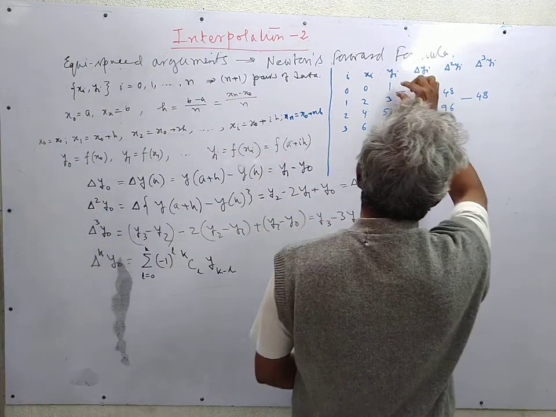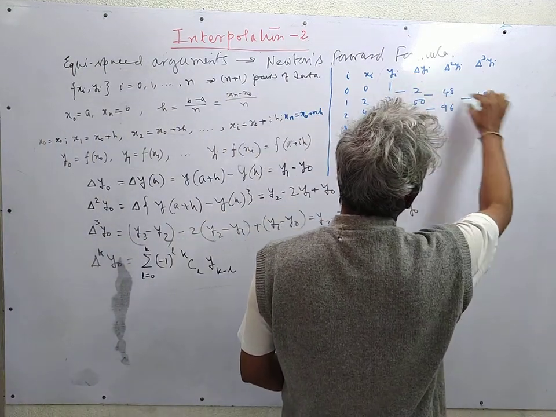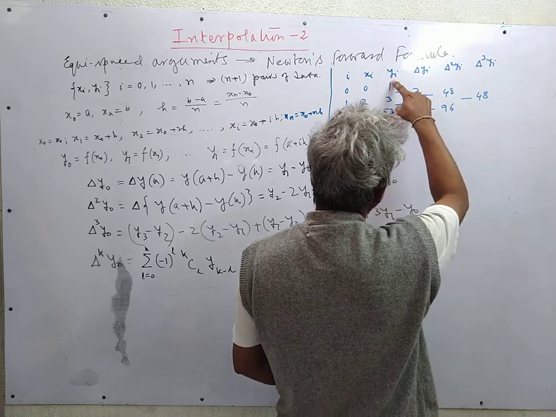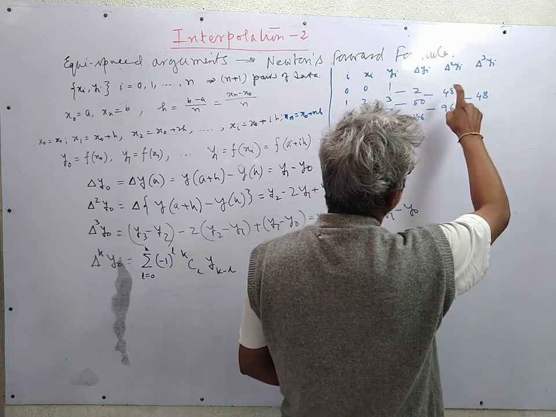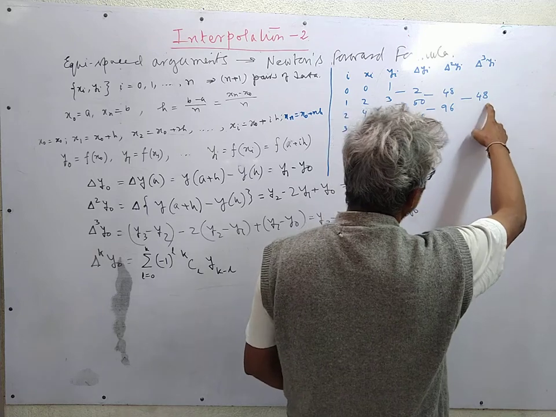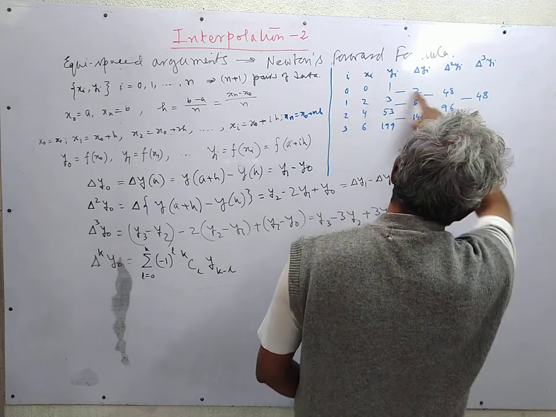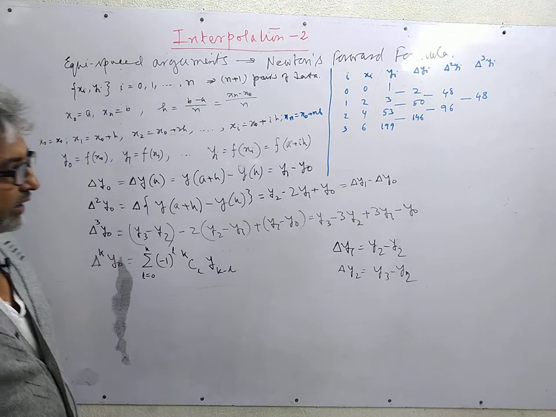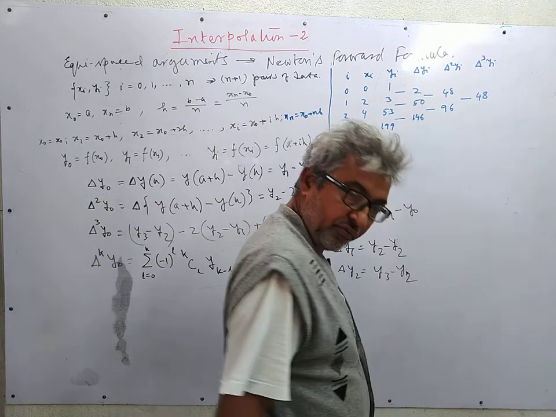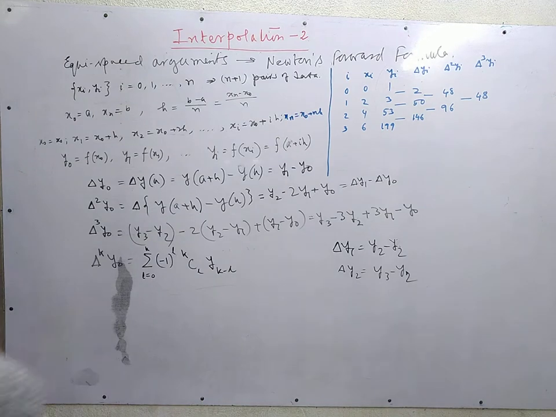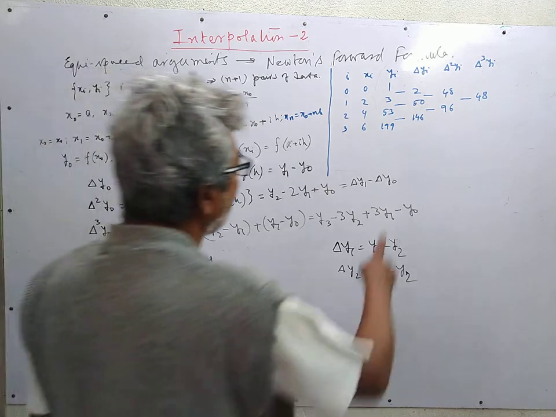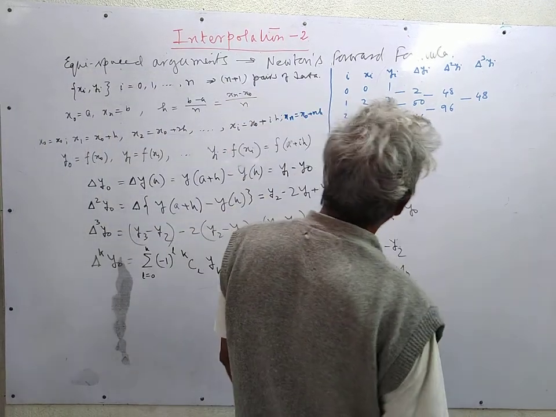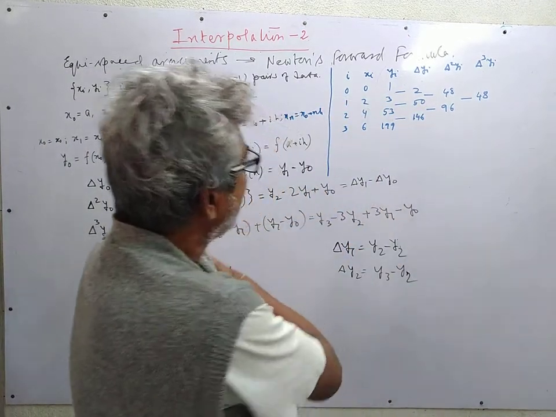If we move along this diagonal, we get y0, delta y0, delta 2 y0, delta 3 y0, and so on and so forth. That's why it is known as the diagonal difference table. And as we are moving towards the right starting from a particular value, it is called the forward difference table.